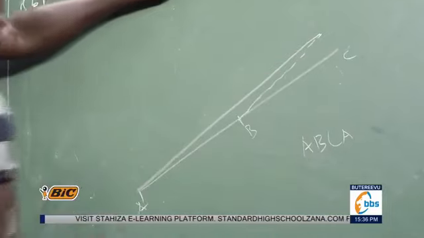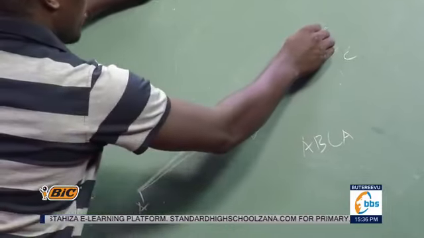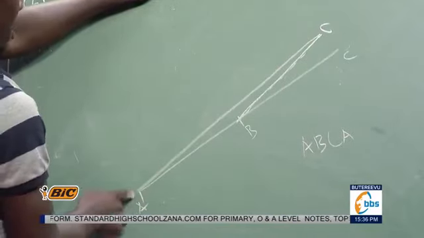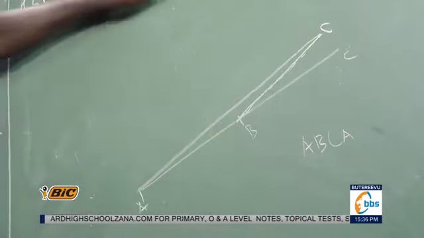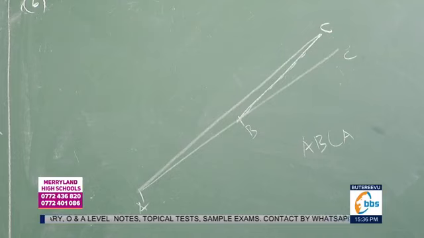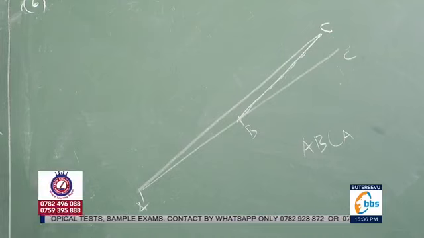In other words, there will be some area enclosed. So the moment you can prove that the area enclosed in ABCA is not 0, then the points A, B, and C are forming vertices of a triangle.